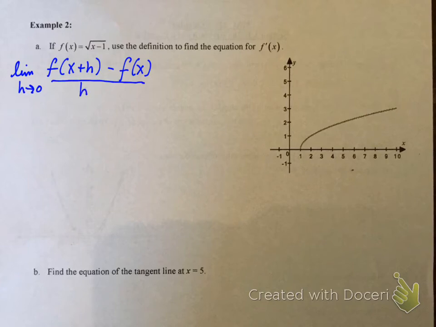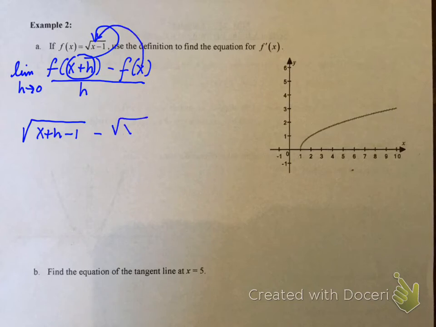Okay. So once again, wherever I see x, I'm going to plug in x plus h. So this becomes the square root of x plus h minus 1 minus, now I'm going to just plug in x for x. So I get square root of x minus 1 all over h.